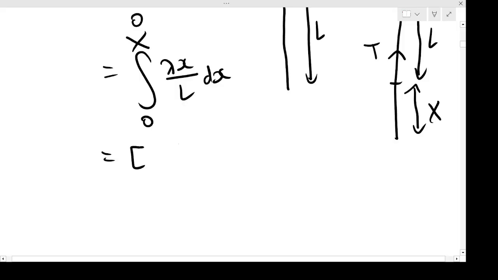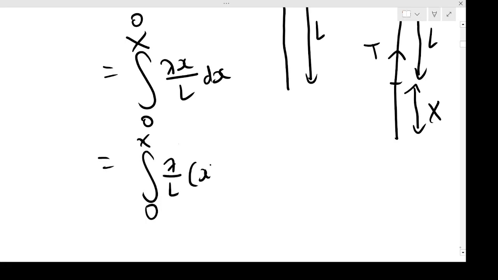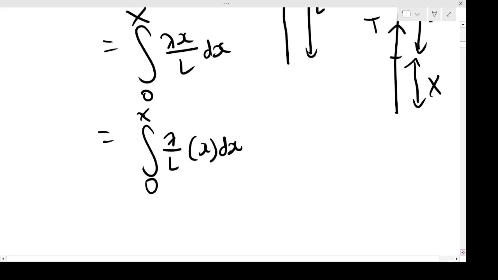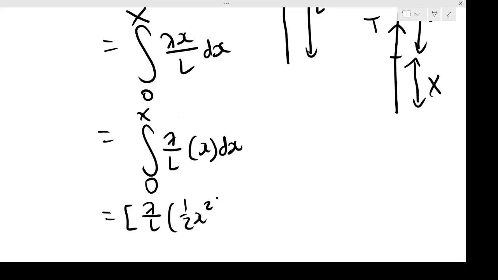Firstly, let me rewrite it, to make it really clear how we're going to integrate this. It's going to be lambda over L lots of x. And so now I need to integrate x here. Lambda over L is just a number. If I integrate x, that's going to be half of x squared, between big X and 0.